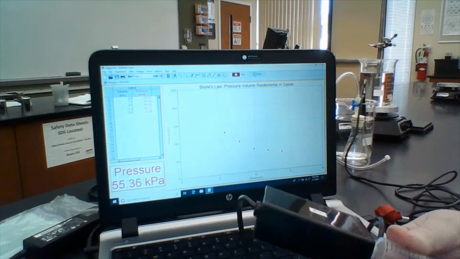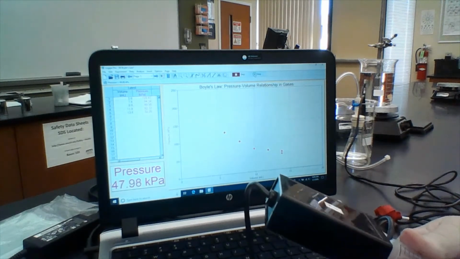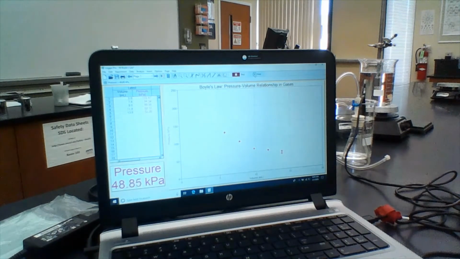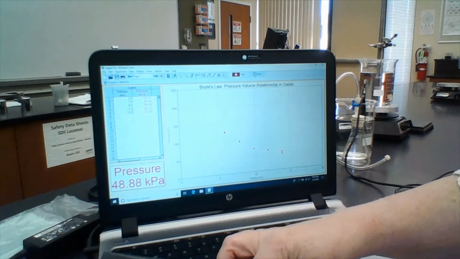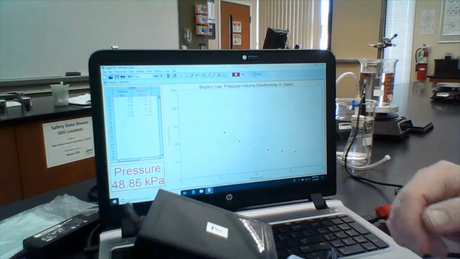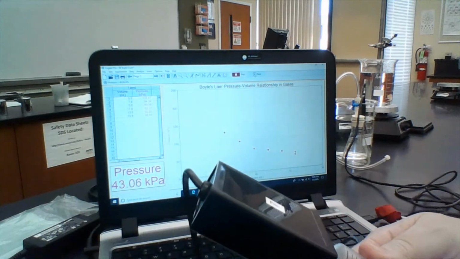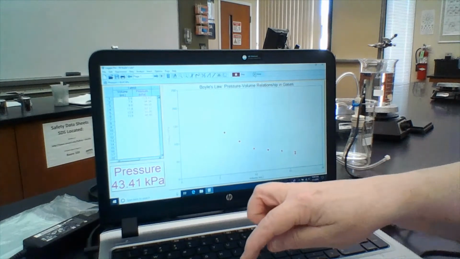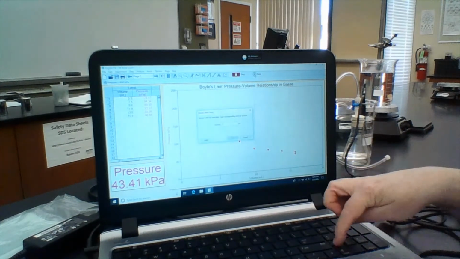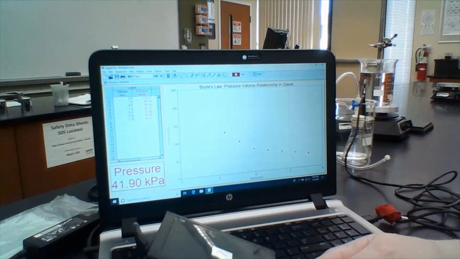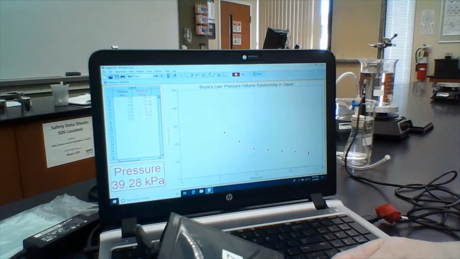Now I'm going to go to 15. 15.8. Then I'm going to go to 17. It's taking a lot of strength to hold this. 17.8. And the last one I'm going to do is 19.